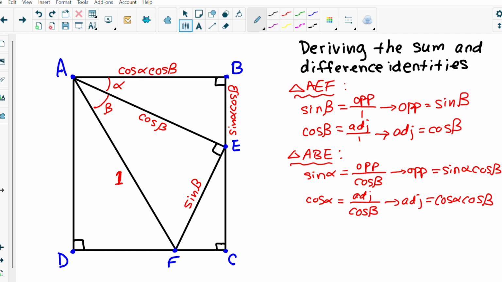Okay, next one, let me look at this angle here. So I'm going to highlight it. If I highlight this angle and this angle, well, I know side AB. Okay, let me just take that back. I know that AB is parallel to DC.